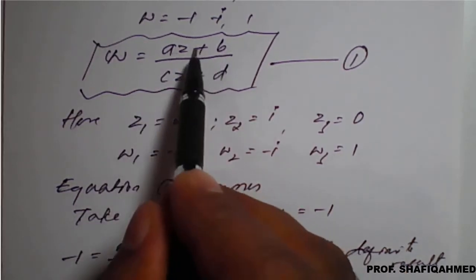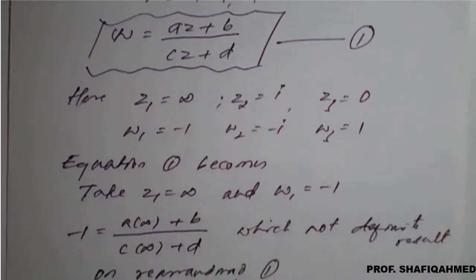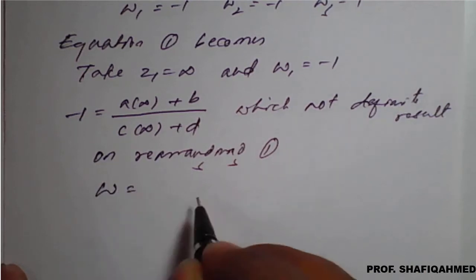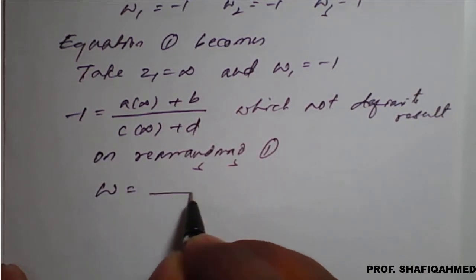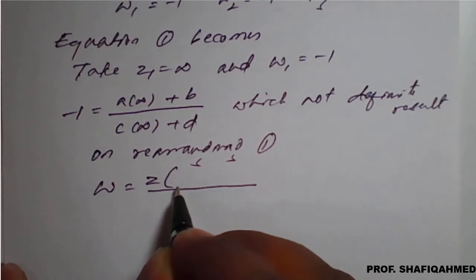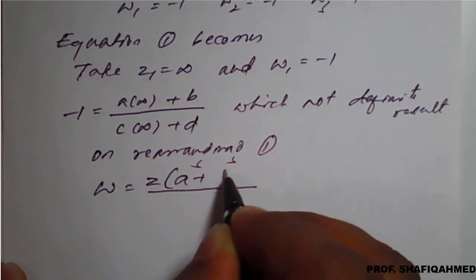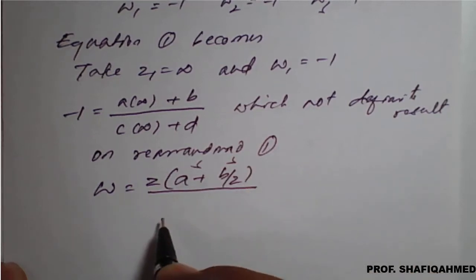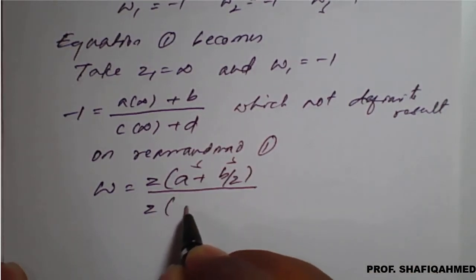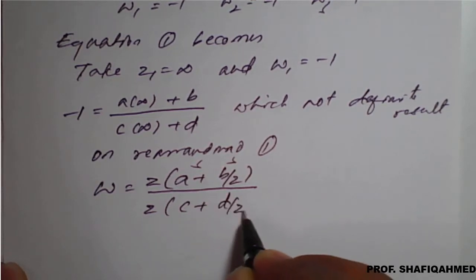Taking z common in the numerator of equation 1, it becomes z into (a + b/z). Similarly, taking z common in the denominator, it becomes (c + d/z).